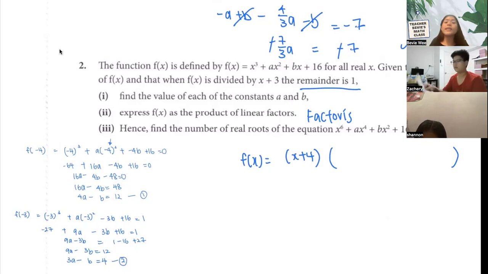Help me find the quadratic there first. Definitely it's a quadratic one. If you don't get quadratic, you know you're wrong, because here the highest power is x cubed. x times what can give me x cubed? Confirm it's x squared.